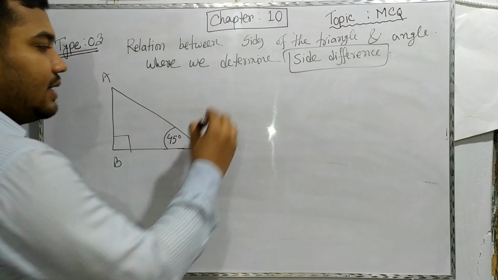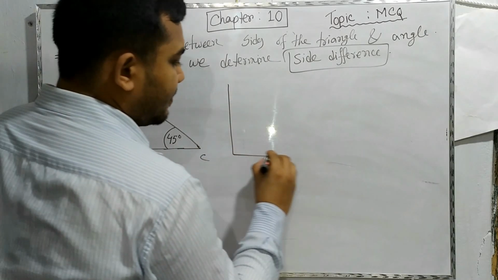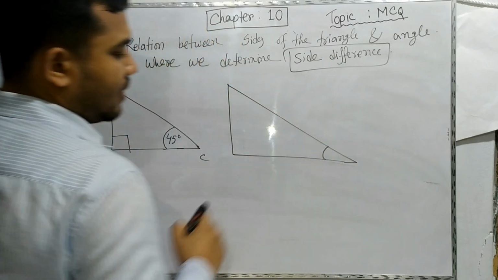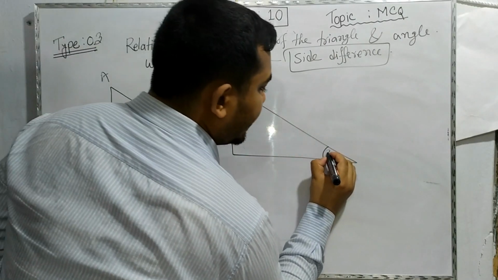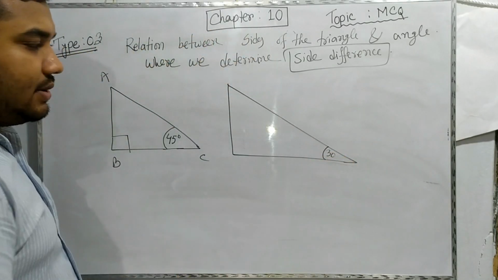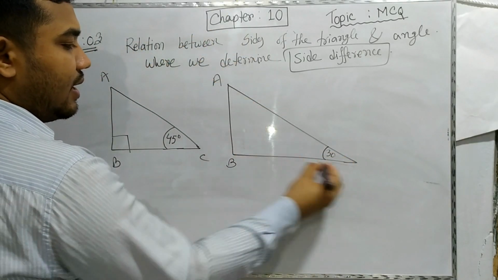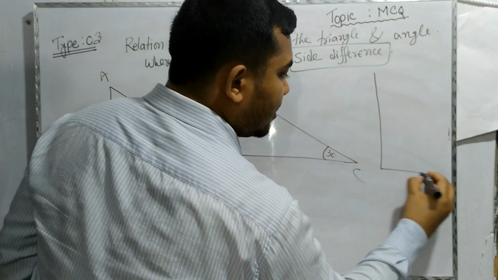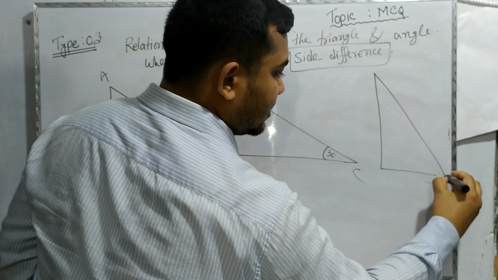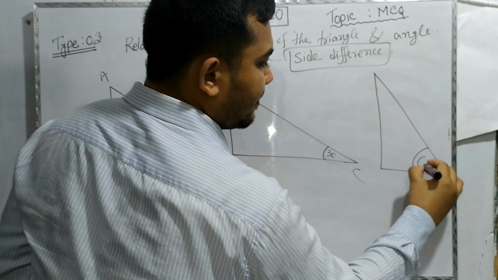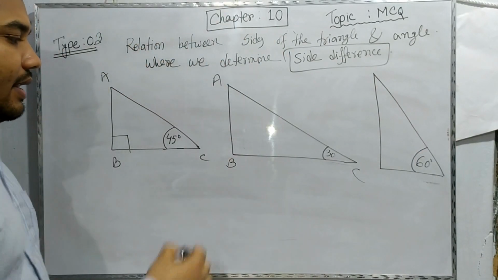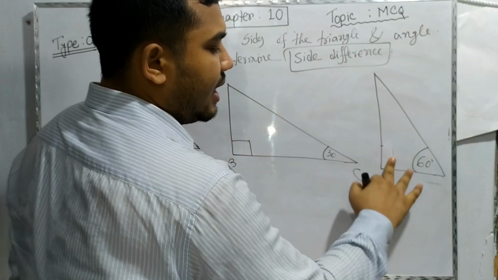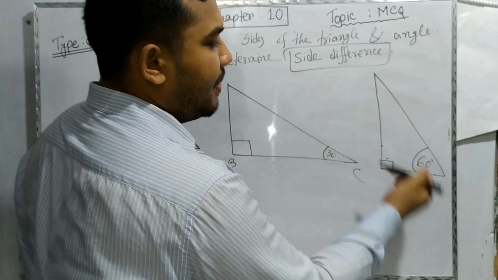That's the first question. Second question is, if the angle is 30 degrees, how has the relation changed? Again, if it is a 60 degree angle, then what is the relationship between the height and the base?